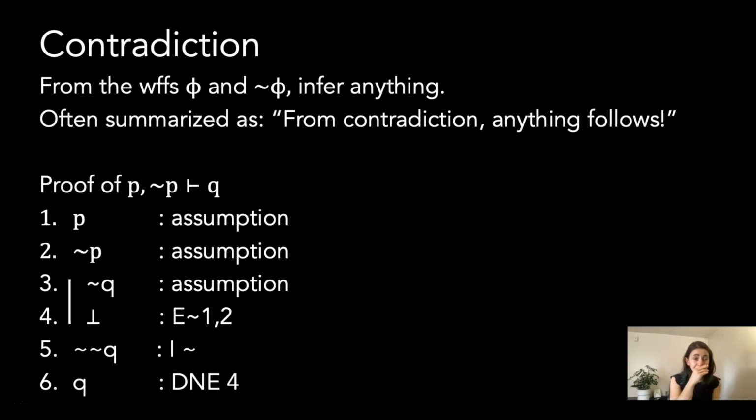From that contradiction, I can derive the negation of the thing that I hypothesized. So in this case, I would derive the negation of negation Q. And here's double negation elimination in action. From the double negation of Q, I can derive Q.